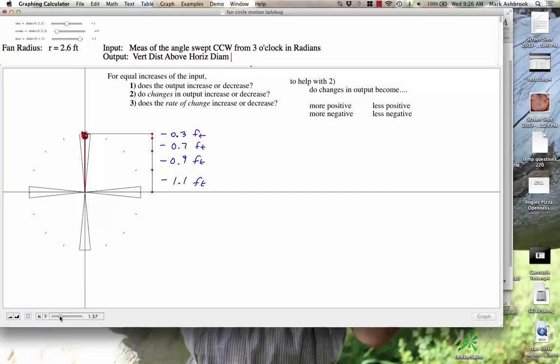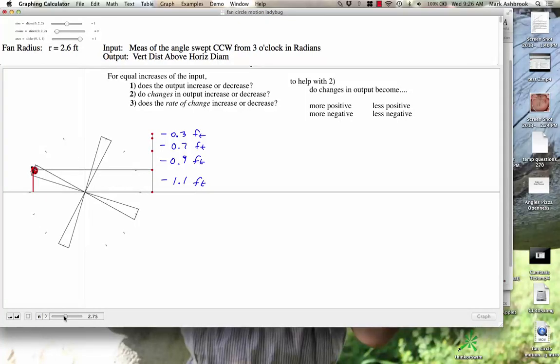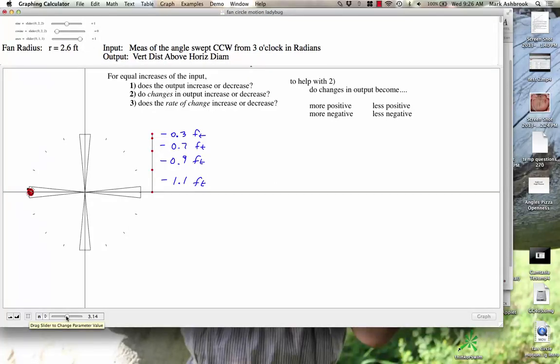And since the change is going down, so negative 0.3, negative 0.7, negative 0.9, negative 1.1, that sequence of numbers, those are changes in vertical distance in feet.